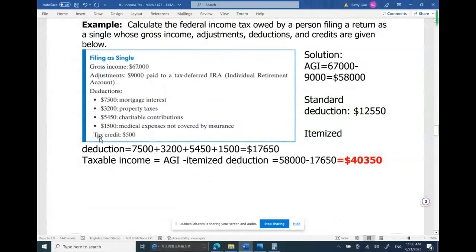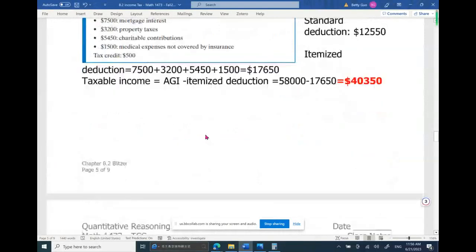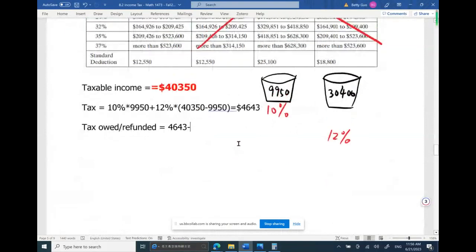Yeah, that's the best thing ever. This person has a tax credit of $500. So we're going to subtract $500 directly from the tax. And we have 4,143. Right away, your tax is reduced by $500, dollar for dollar.